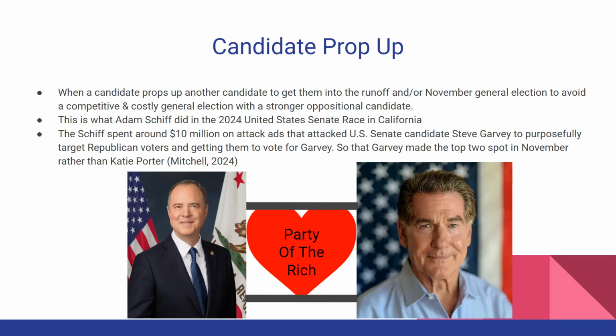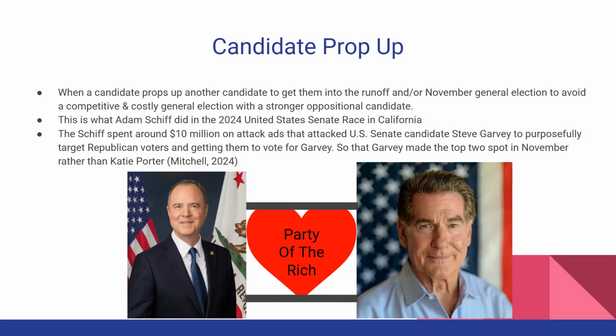It allows the corrupt oligarchy and the establishment parties, the Democrats and the Republicans, to pick and choose who the candidates in the top 2 spots are, because they have the money to raise huge sums and spend massive amounts to get their chosen candidates into the general election, where one candidate would be their endorsed candidate and the other would just be a token candidate.